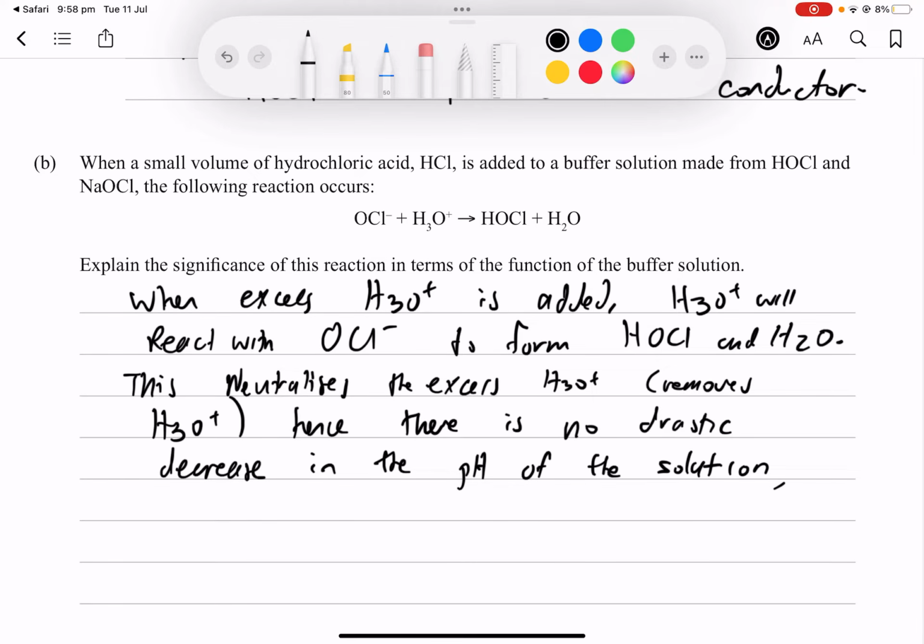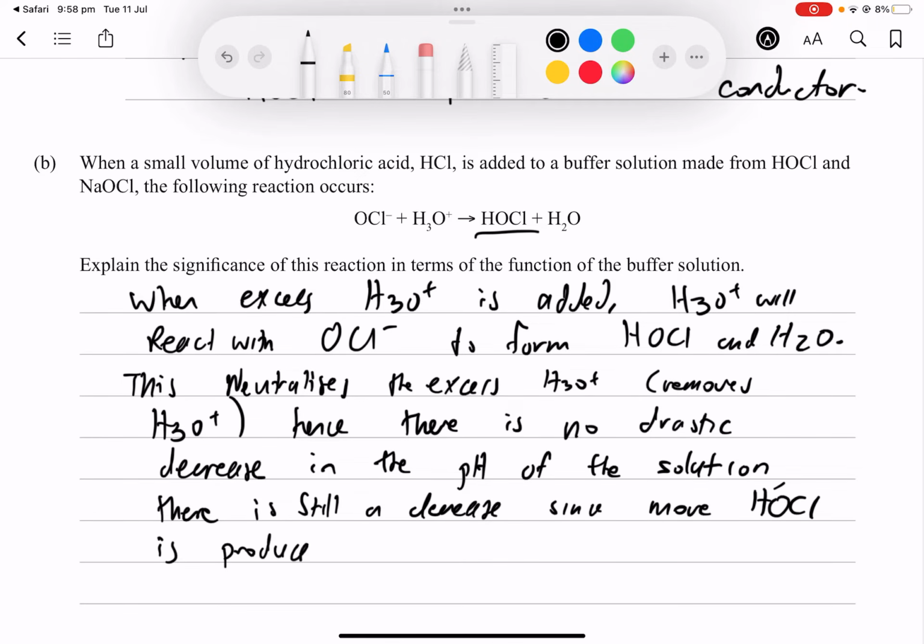There is still a decrease since more HOCl is produced. However, HOCl is a weak acid, so as we said before, not much of the HOCl will react with water to form hydronium. Therefore, the actual increase in hydronium is not very significant.